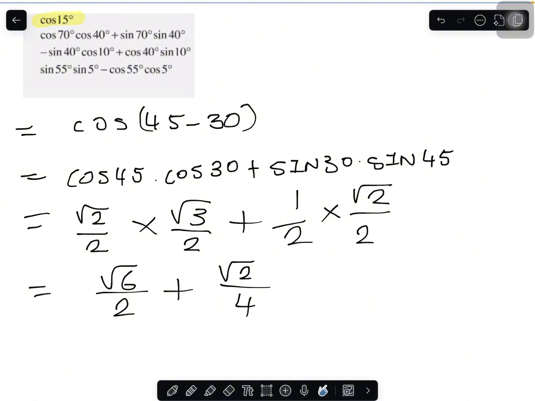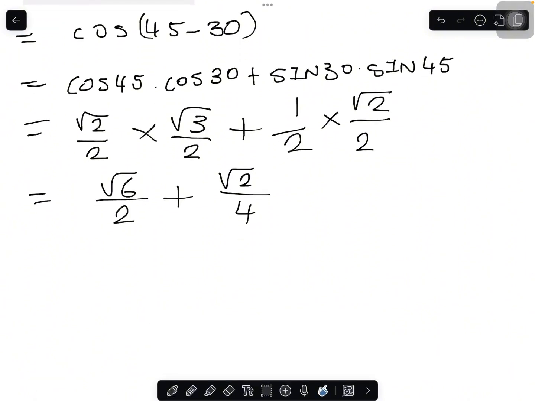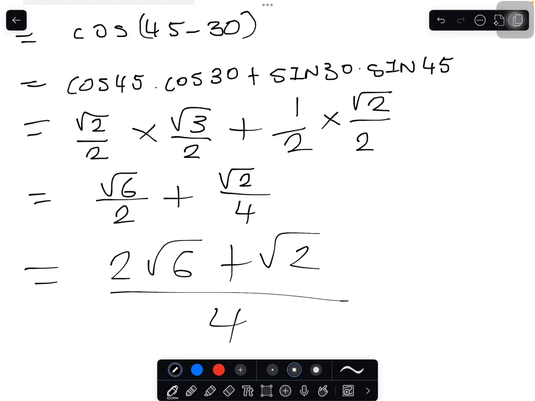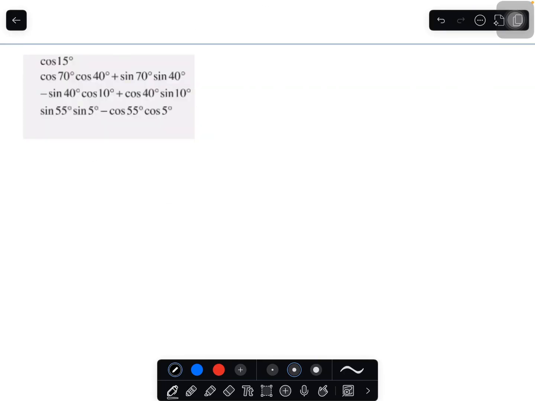And we can just pop this into our calculator and we'll get root 6 over 2 plus root 2 over 4. And that's going to give us 2 root 6 plus root 2 over 4. Let's now look at this next question over here.